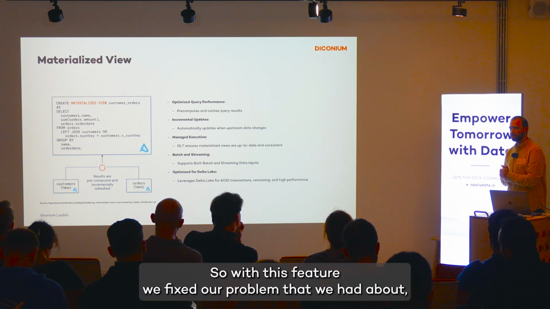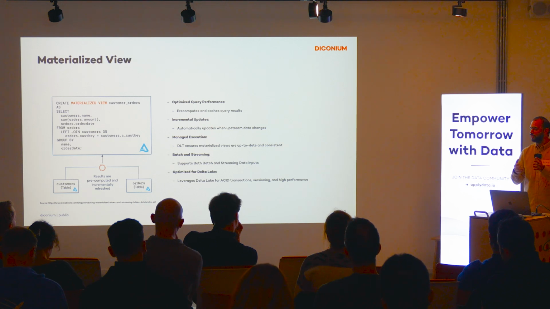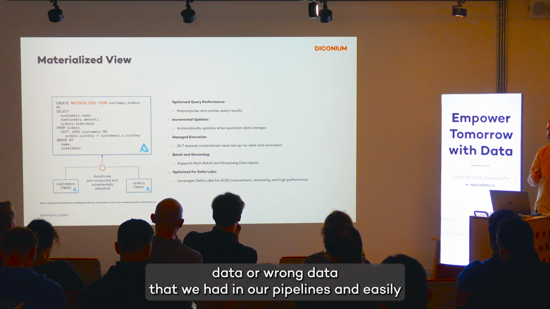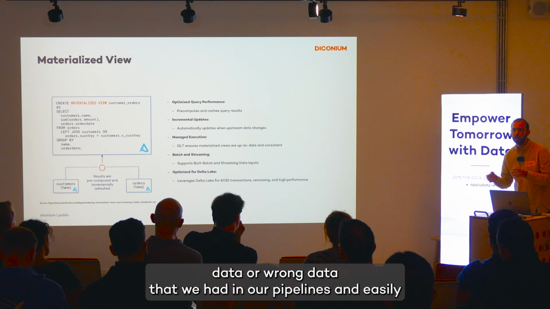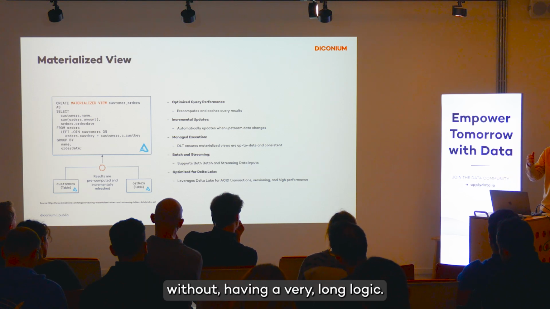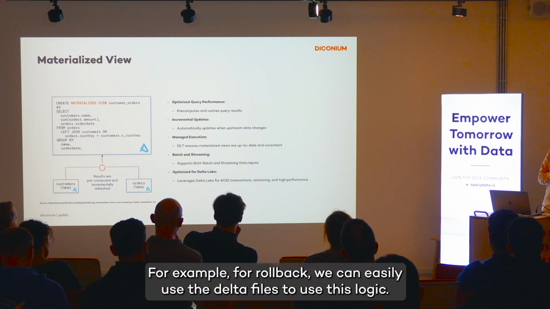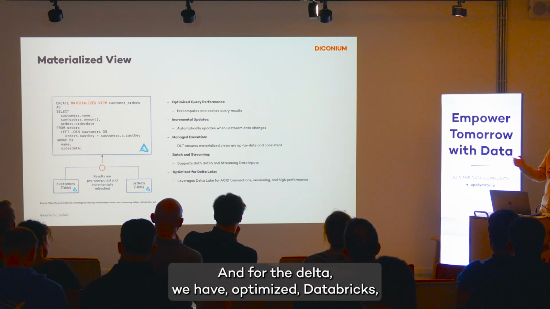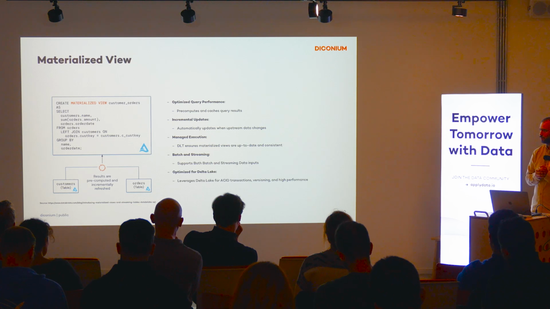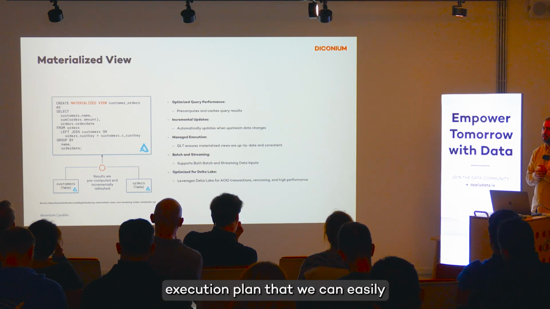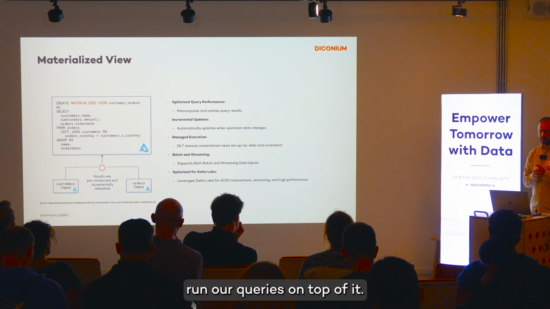So with this feature, we fixed our problem of failures or wrong data in our pipelines, and without a very long logic, for example, for rollback, we can easily use the Delta files for this. And for Delta, we have the optimized Databricks execution plan, so we can easily run our queries on top of it.